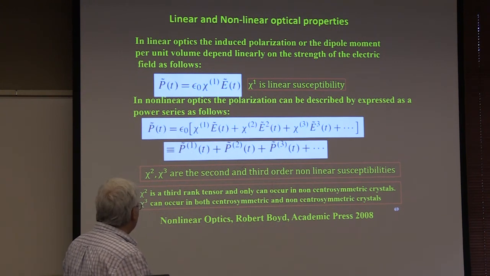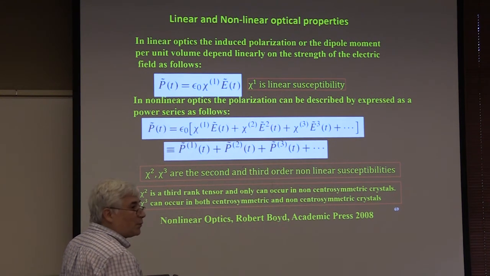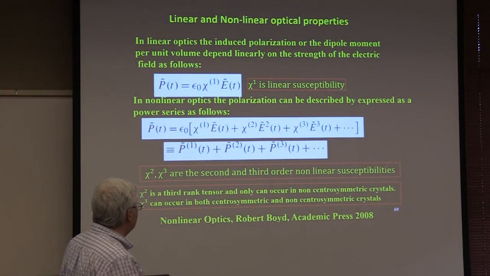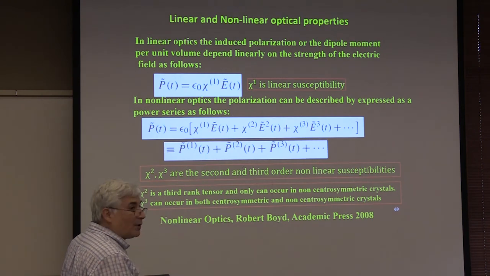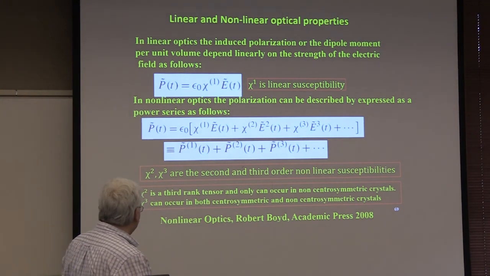But in nonlinear optics, you can express your polarization in terms of this power series. This happens when you don't have inversion symmetry. Semiconducting TMDs do not have inversion symmetry, so you can have nonlinear optical properties.